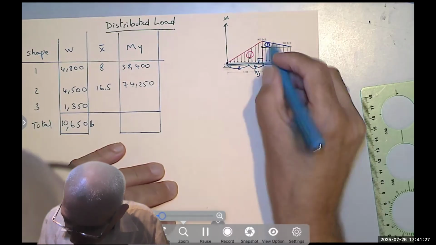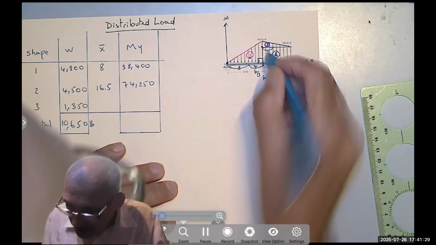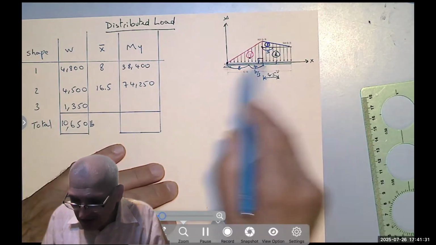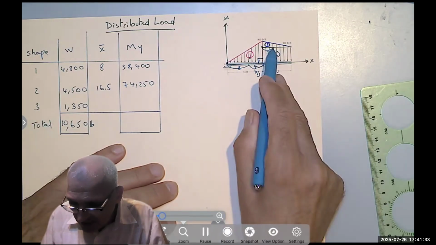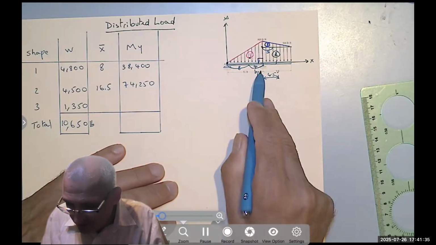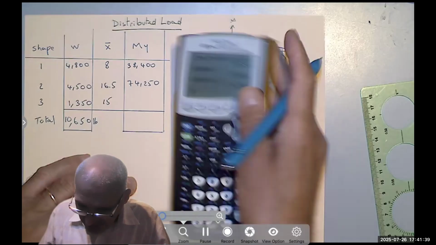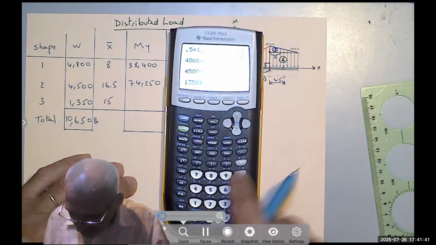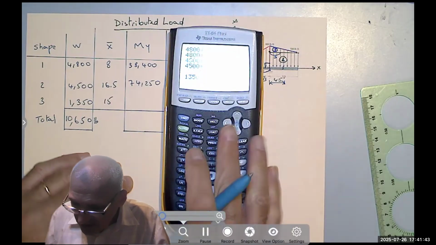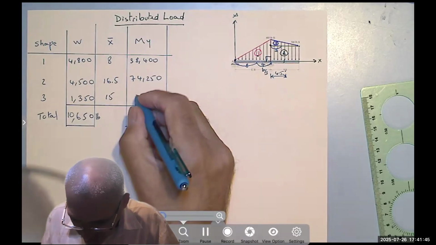So 1/3 of that is 3. That's not the centroid coordinate, that's not x bar. X bar is 12 plus 3, or 15. So 1,350 times 15 is 20,250.